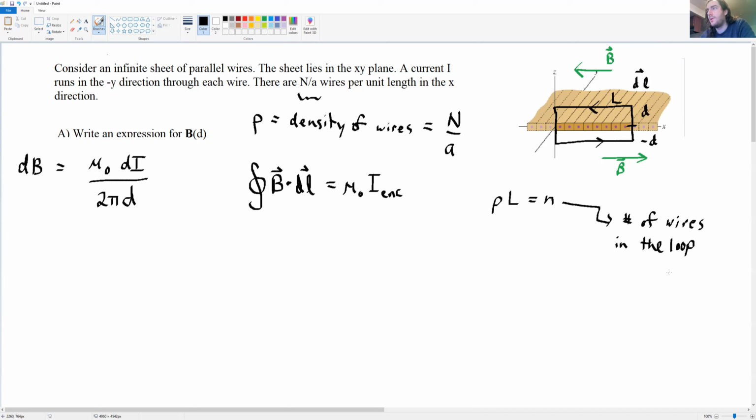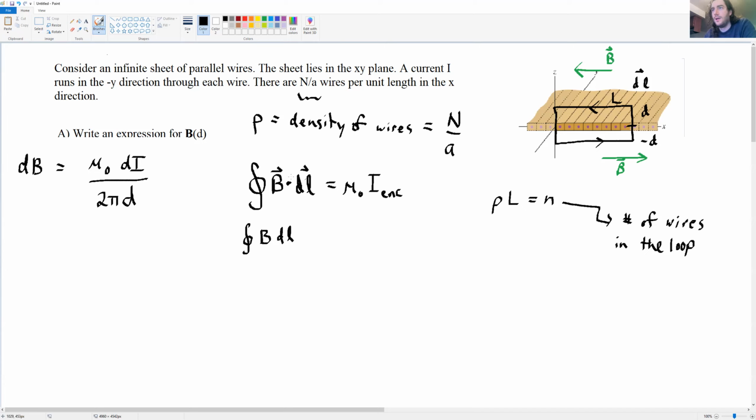Okay, so before we plug anything in, how about the left side? How are we going to do this integral of B dot dl? Well, by the symmetry of the problem, we're going to have B and dl in the same direction, so I can do the dot product here. Again, not plugging anything in just yet. First, we want to get a feel for the problem here. So it's just going to drop down from vectors to no vectors.